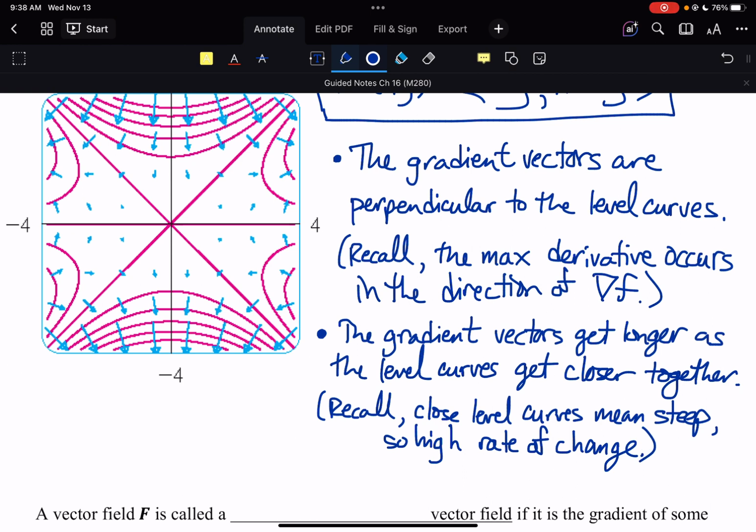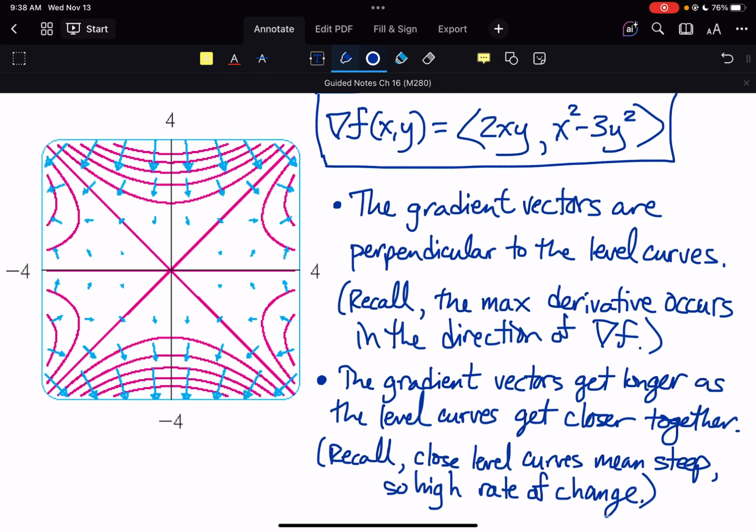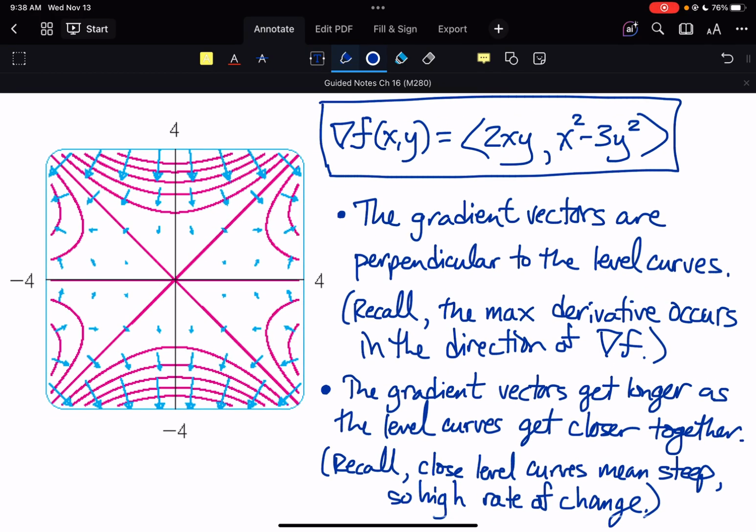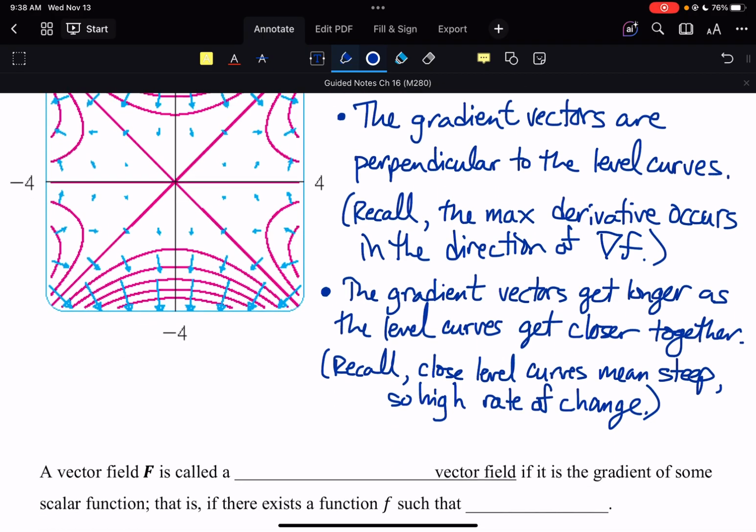A very high value for the derivative, since the directional derivative for grad f is the maximum rate of change. So we would get a large value and a large magnitude. These are a couple of the major ways that the gradient vector field interacts with a contour map, with the level curves for a function.